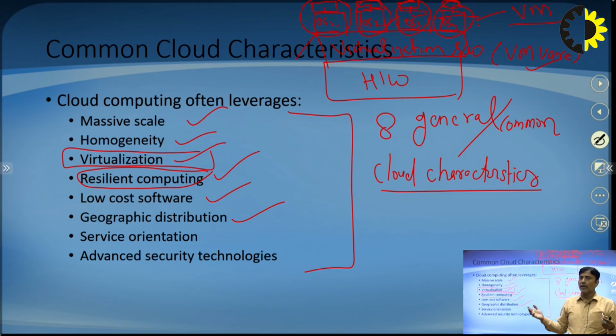From the vendor's point of view, they establish their data centers, their clouds, at different geographical locations, and they easily manage all these services and provide them to consumers who can use the services from anywhere at any time. So we can access these services from any place in the world. The geographic location does not matter.